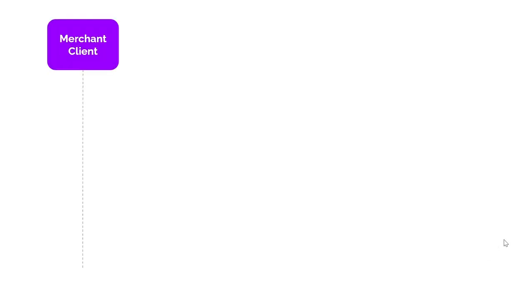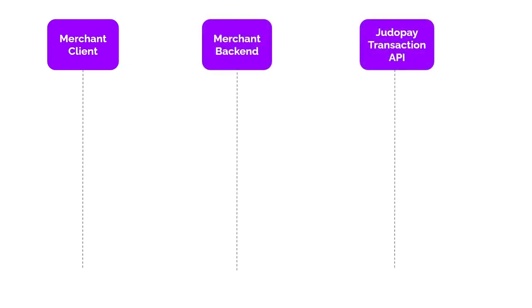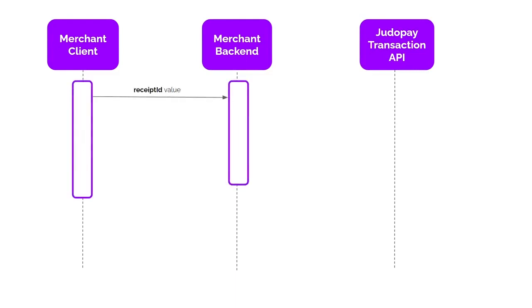As this is a client-side operation, it is highly recommended you also use server-to-server calls in order to validate the success or failure of the transaction. For example, you can share the receipt ID received on your client side with your server side. Your server side can then call the JudoPay transaction API endpoint using the receipt ID.